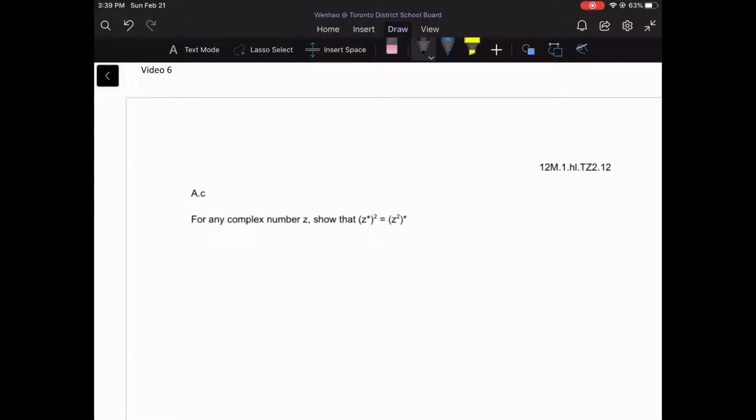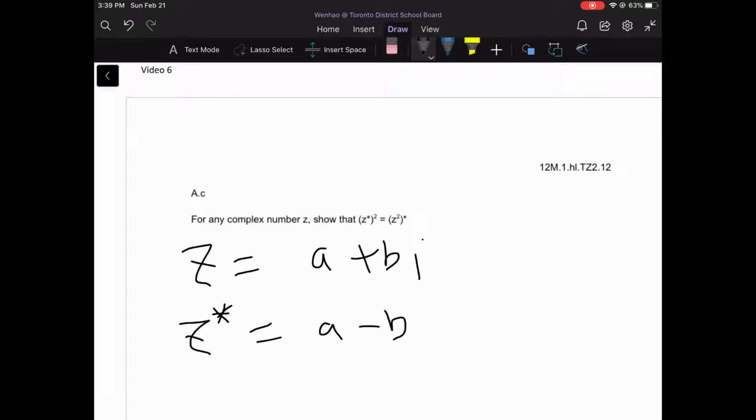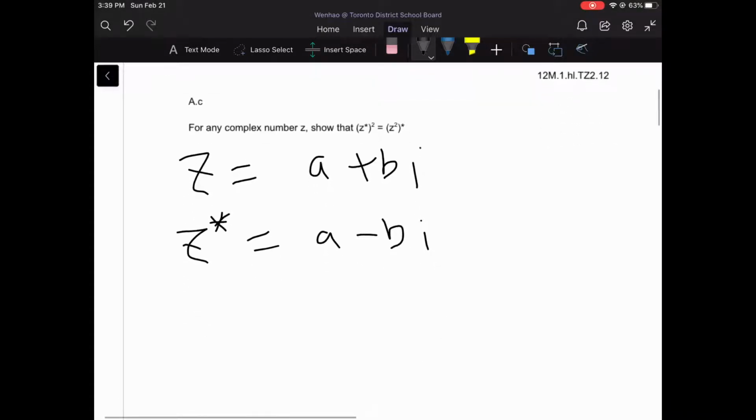For IB, the star notation is the conjugate for a complex number. So say the complex number is a plus bi, z star, its conjugate, is a minus bi. Alright, so let's try to prove this.